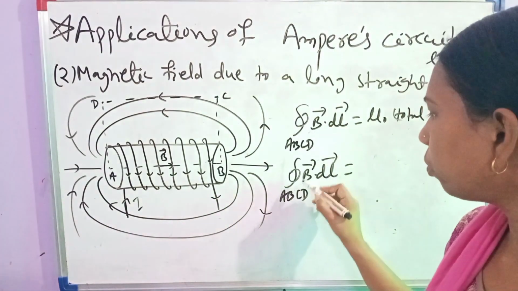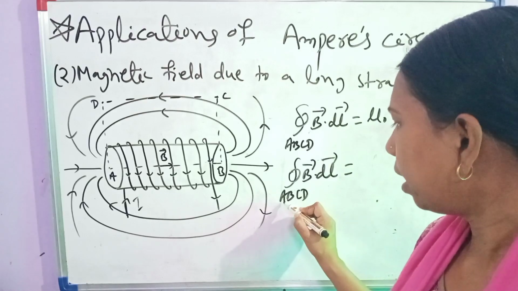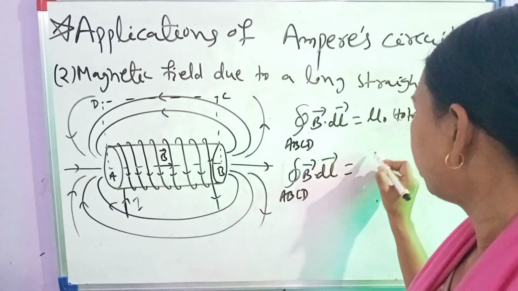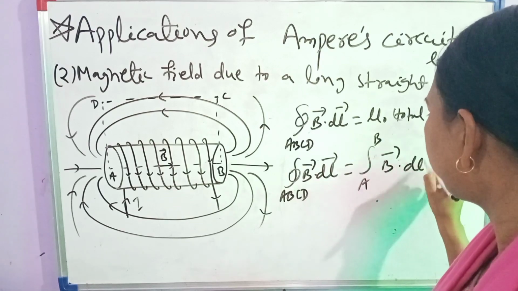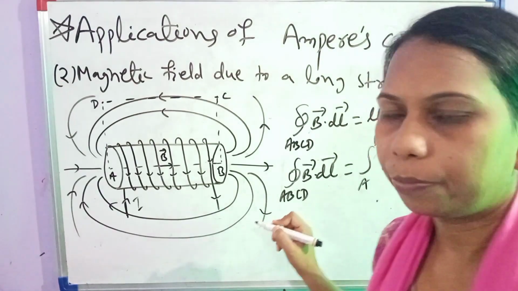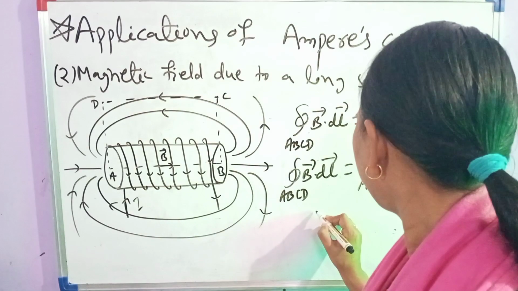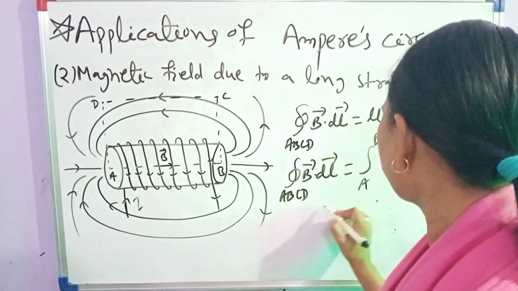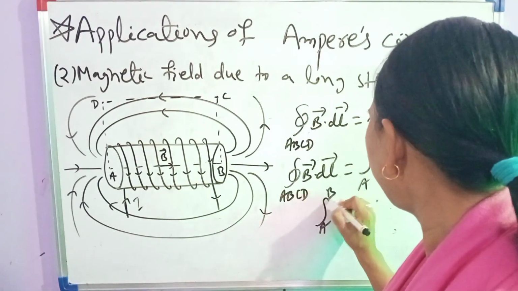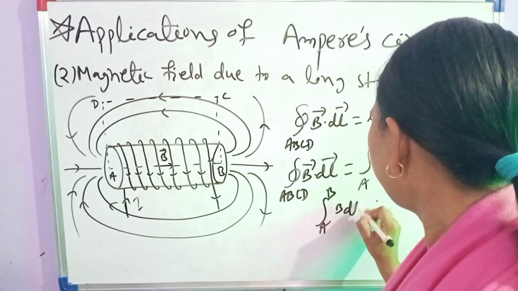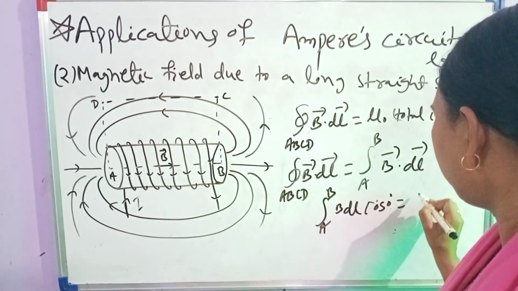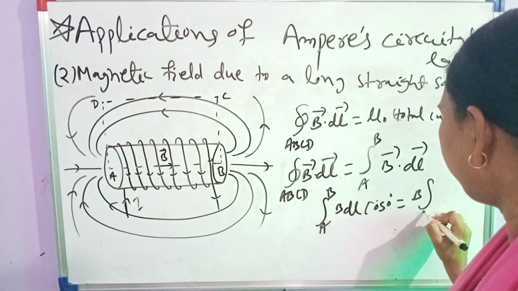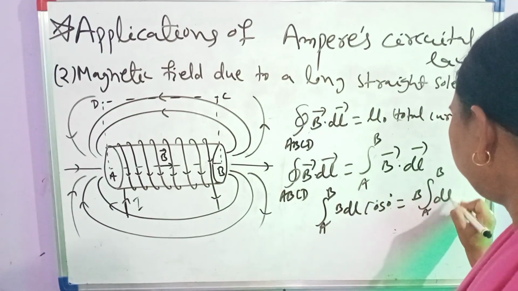Now closed integral of B dot dl along ABCD equals integration from A to B of B dot dl, since the other three terms are 0. B is constant. This equals integration from A to B of B dl cos 0 degree, which equals B times integration from A to B of dl.